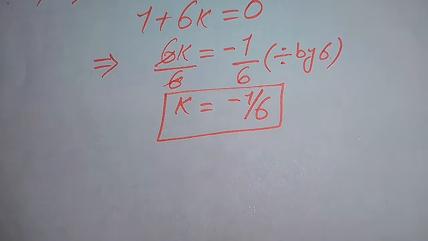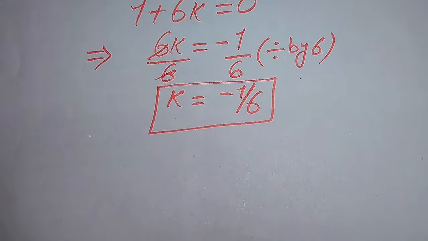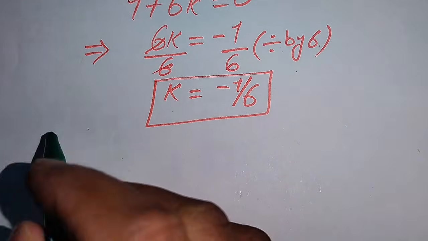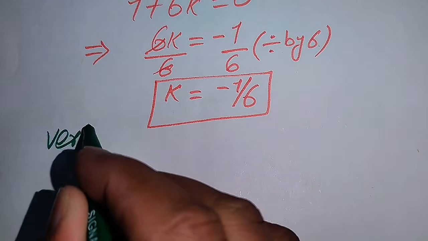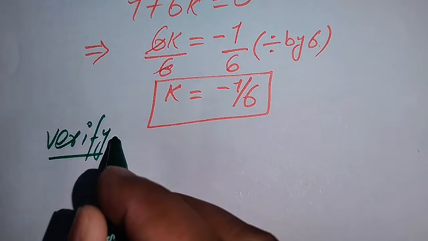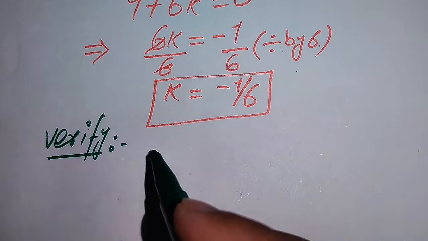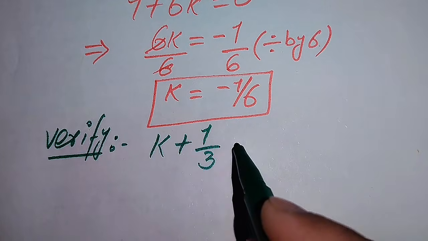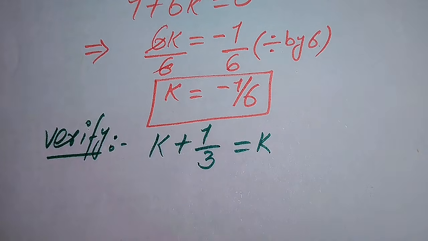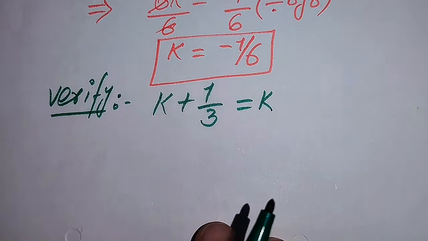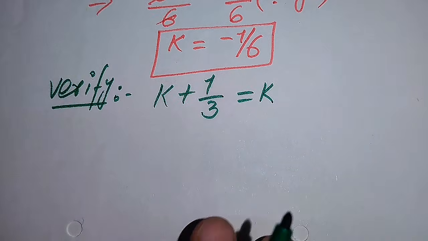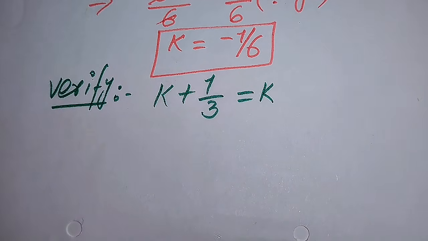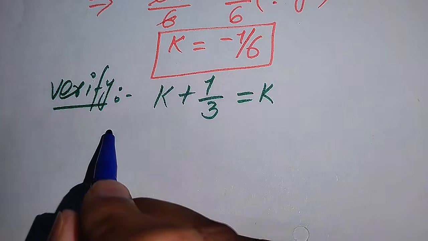But in the next steps we need to verify whether this value of k satisfies our given question statement or not. So for verification we copy down the given question statement: k plus 1 over 3 is equal to k, and we substitute the above value of k on both sides and check its behavior.